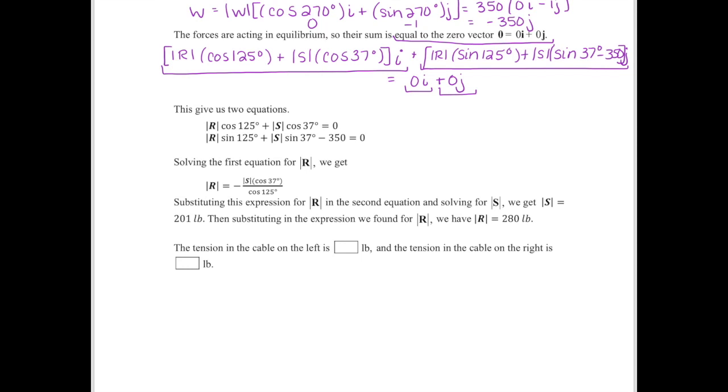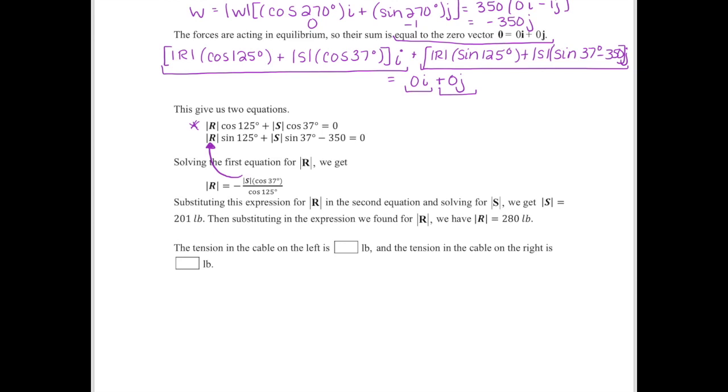We can solve our first equation for R. When we solve our first equation for R, we see that the magnitude of R is negative magnitude of S cosine of 37 degrees over cosine of 125 degrees. But now that I know what R is, I can substitute this R value in for here such that we can solve for the magnitude of S.